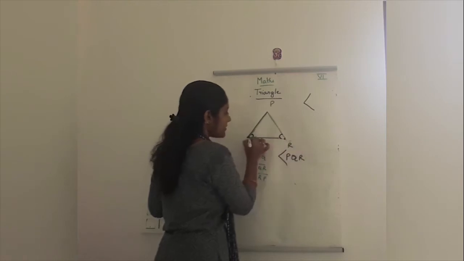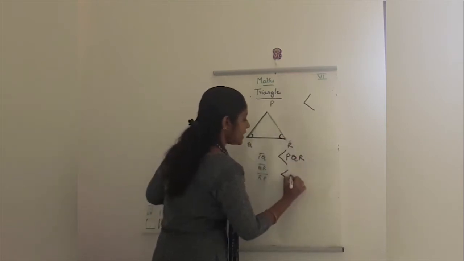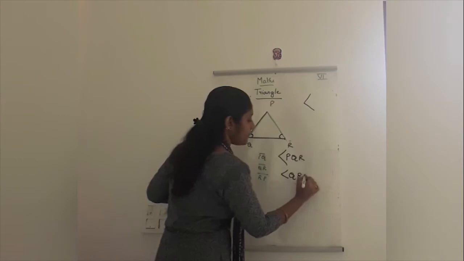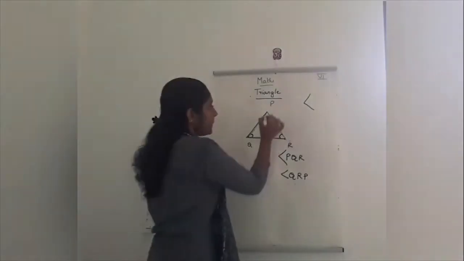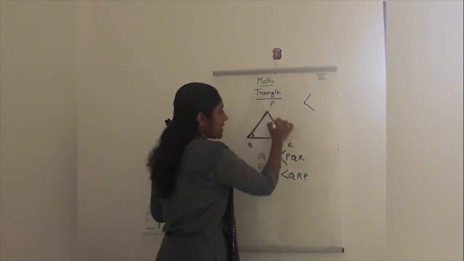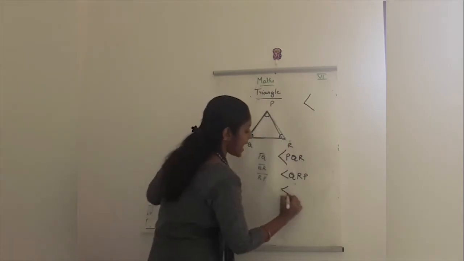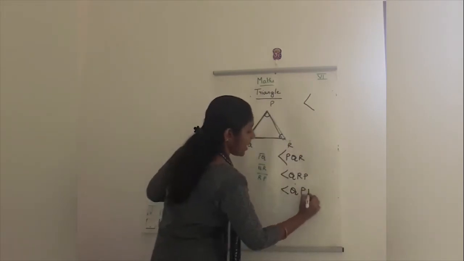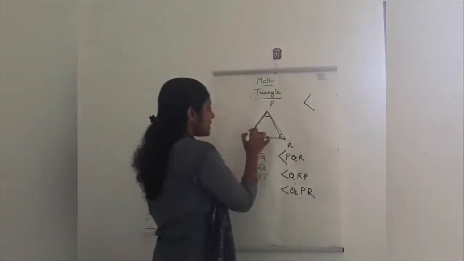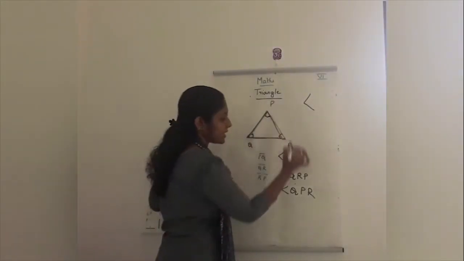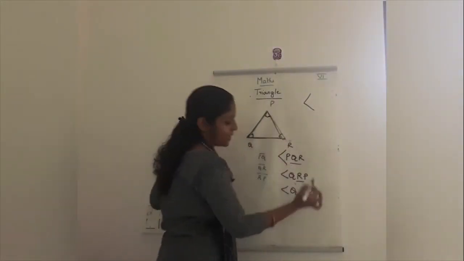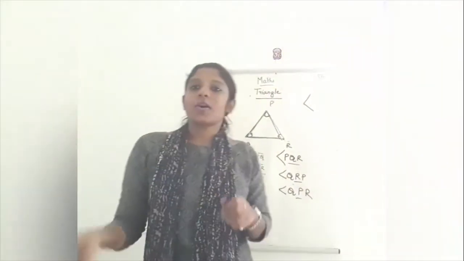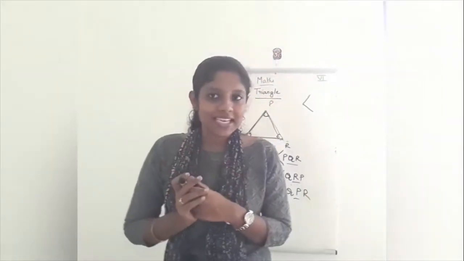Yeah, R vertex ആയിട്ട് വരുന്ന രീതിയിൽ, that is angle QRP. Okay, then this one P vertex ആയിട്ട് വരുന്ന രീതിയിൽ I am going to write angle QPR. So 3 angles are there. Okay, so triangle has got 3 sides and also 3 angles.